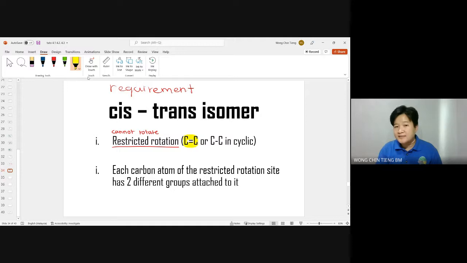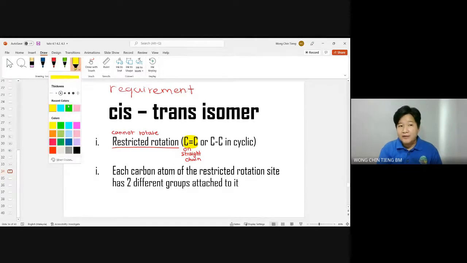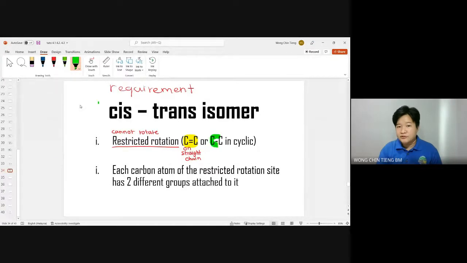Satu adalah C double bond C. Saya nak tambah sikit dalam nota saya. C double bond C on straight chain. Okay. Bila C double bond C adalah straight chain punya. Another one that cannot rotate is your C single bond C but in the cyclic.